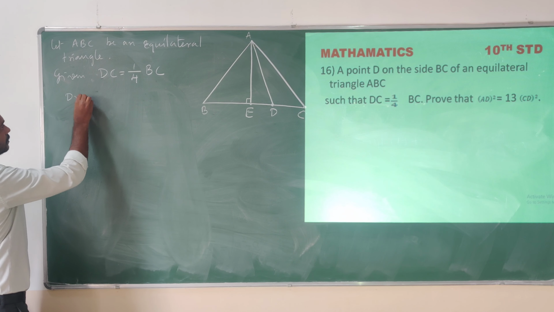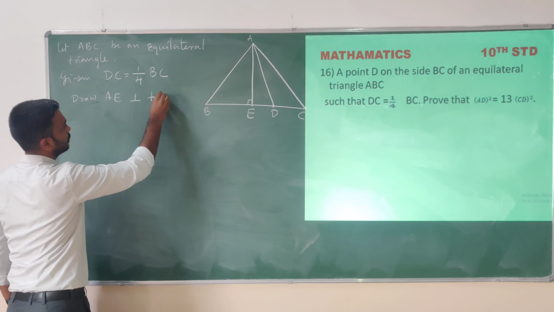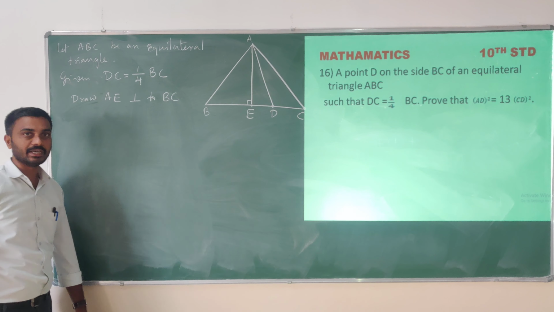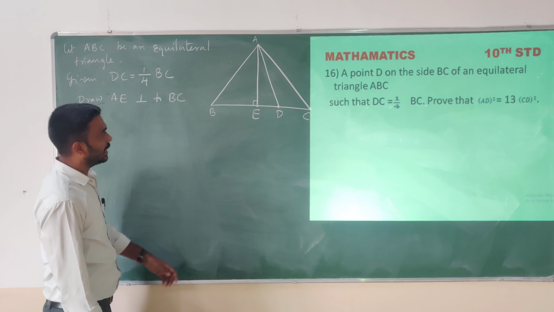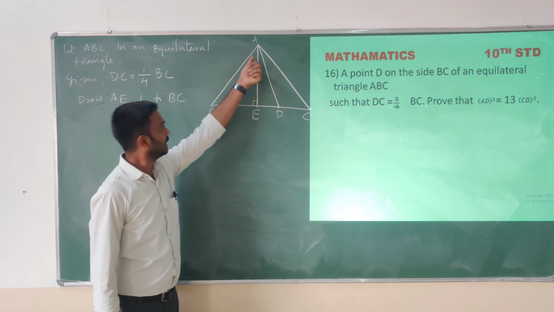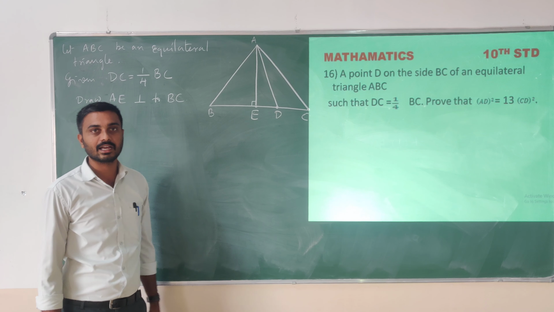Draw AE perpendicular to the side BC. Once we draw AE perpendicular to BC, clearly note that this AE is also bisecting the side BC of the equilateral triangle ABC.